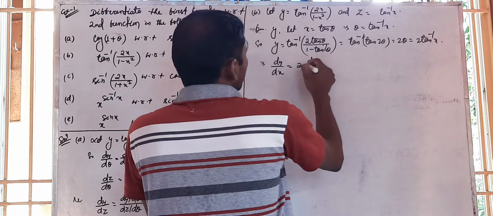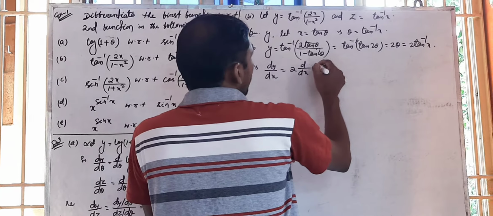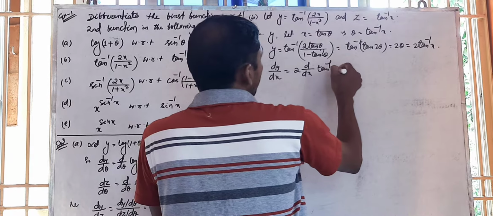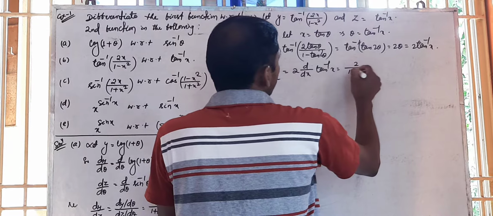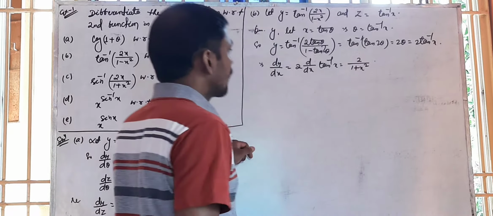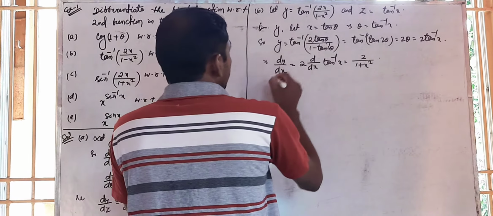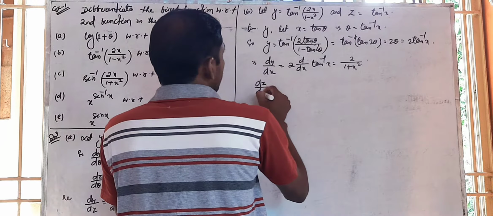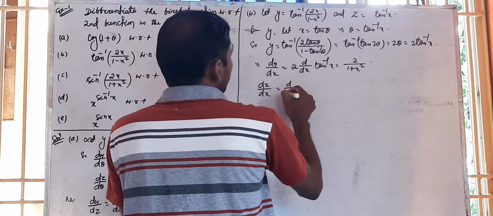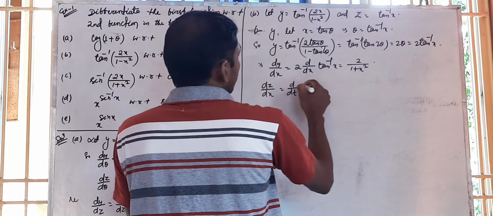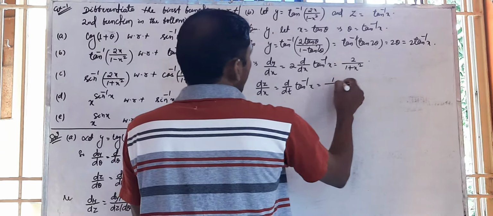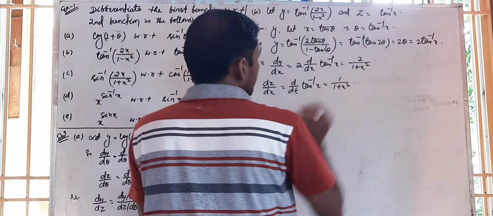So this implies dy by dx is 2 into d by dx of tan inverse x, which means it is 2 by 1 plus x square. Now what is z? Tan inverse x. So dz by dx is d by dx of tan inverse x, so it is 1 by 1 plus x square.